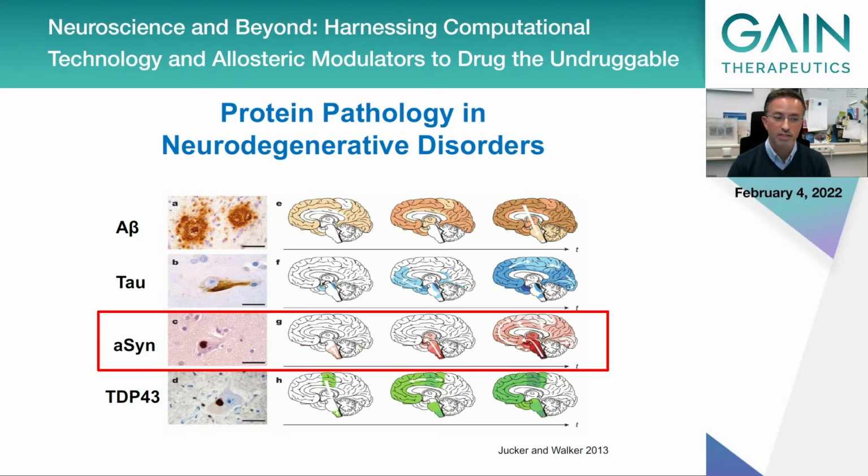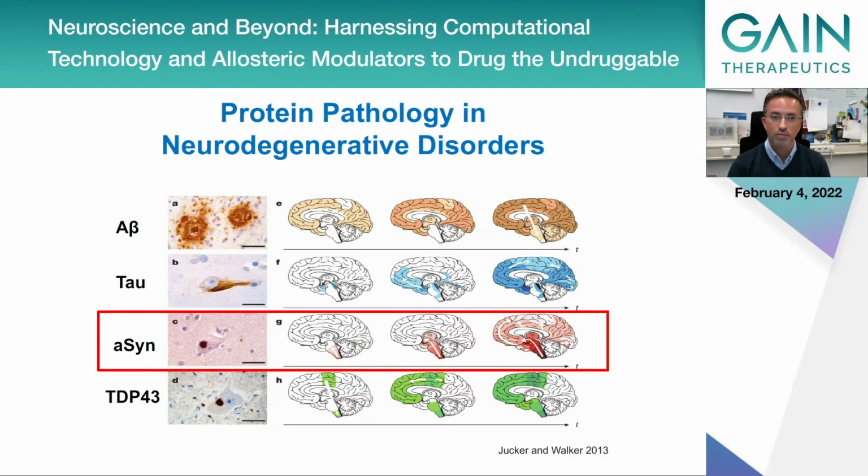Then you have alpha-synuclein forming what we call Lewy body inclusions that accumulate inside neurons in the brains of patients with Parkinson's disease, dementia with Lewy bodies, and a few other more rare diseases. And then you have also proteins like TDP-43 that accumulate in aggregated forms in diseases like amyotrophic lateral sclerosis. I'll focus in the remainder of my talk on alpha-synuclein.